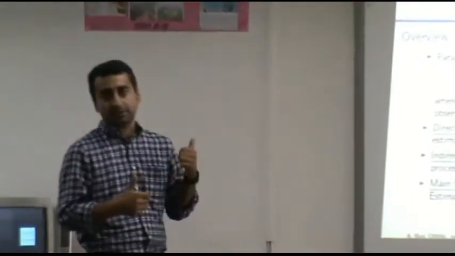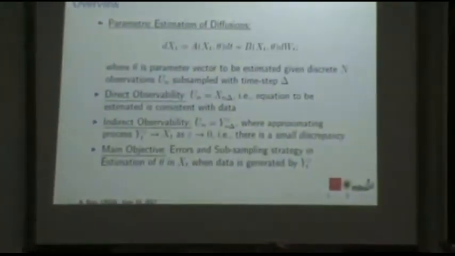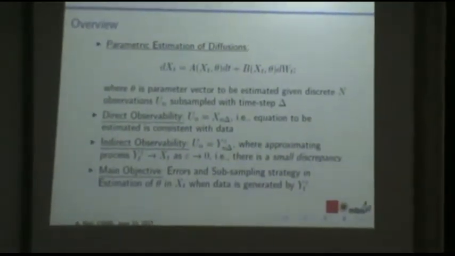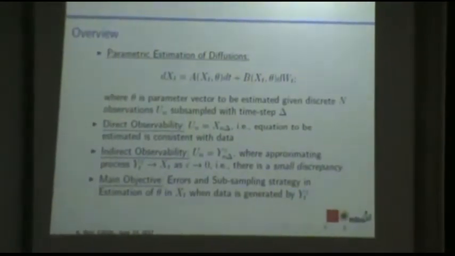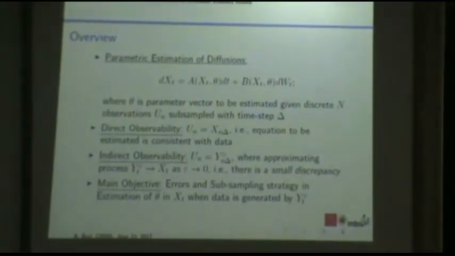What is then the methodology to estimate the parameter theta? As I was saying, classically this problem has been solved when your observations, denoted here by U_n, are directly observed from the process X, whose parameters are being estimated.